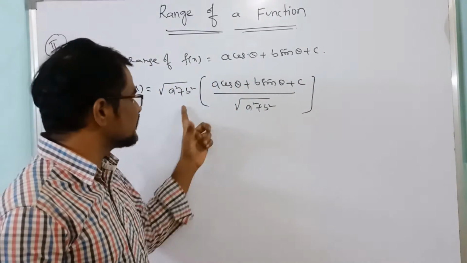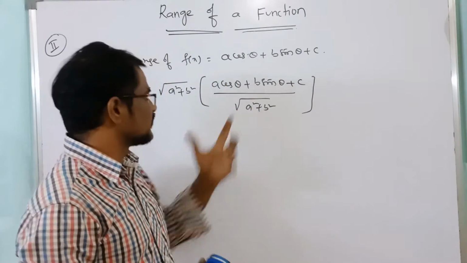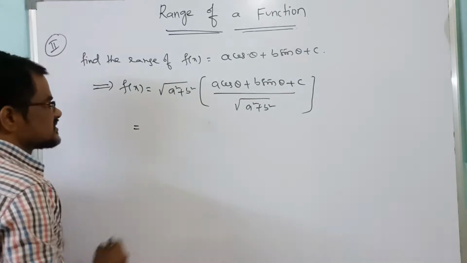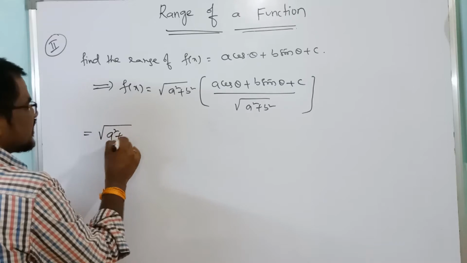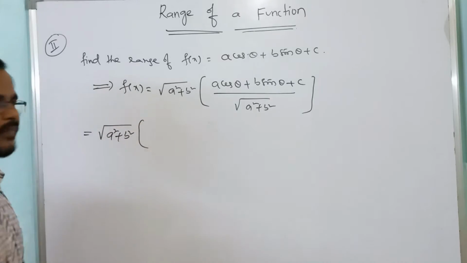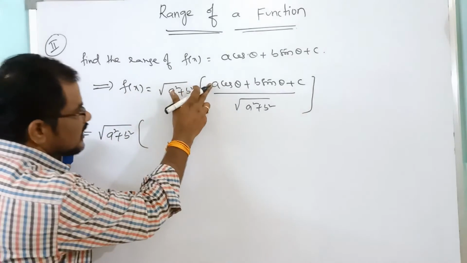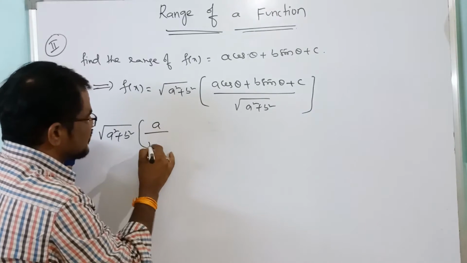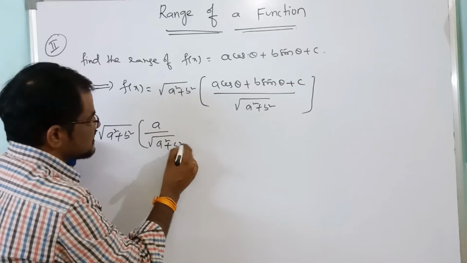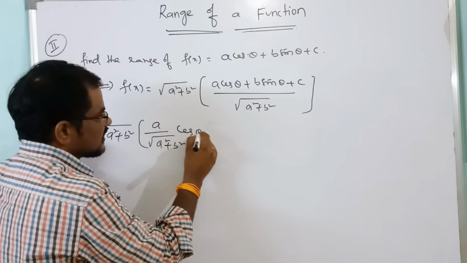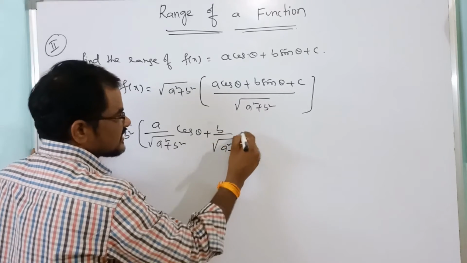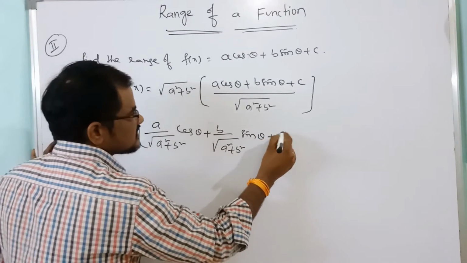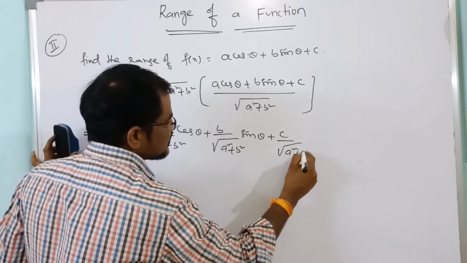Why are we dividing like this? You will get it now. See here, that is equal to root of a square plus b square. So I will write this as a by root of a square plus b square cos theta plus b by root of a square plus b square sin theta plus c by root of a square plus b square.